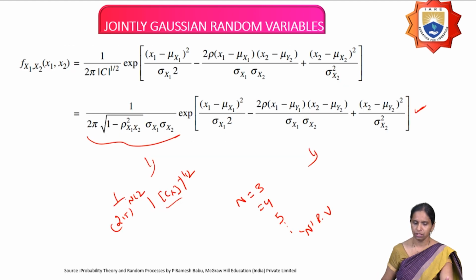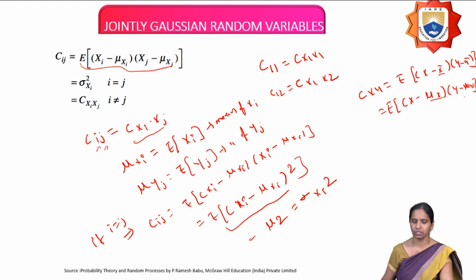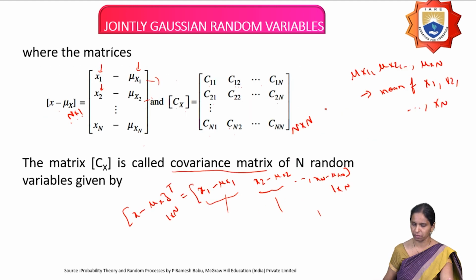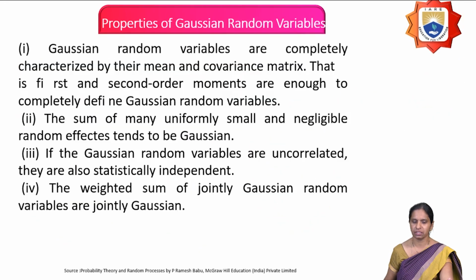It means if you see the joint Gaussian density function of n random variables, mu x and mu y represent the means of the random variables, and Cx indicates the covariance matrix.